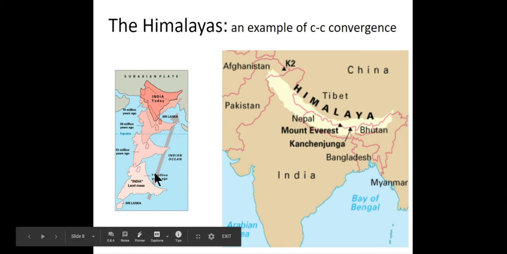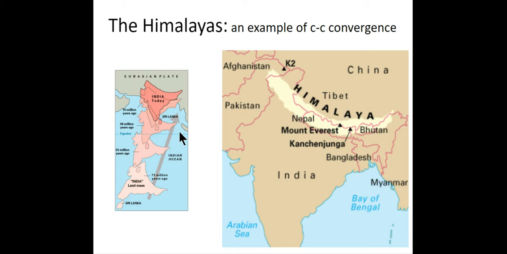On this left side here, the theory is that India used to be its own landmass, its own island, and then over this time scale of millions of years, India moved across the ocean and crashed into the Eurasian plate. Now since they're both pressing up against each other, there are these huge mountains being created as a result of this motion.